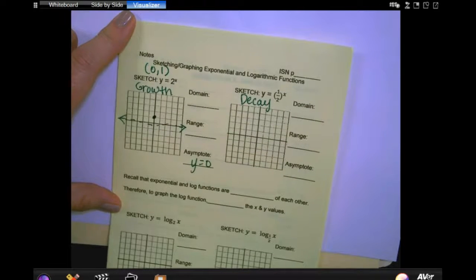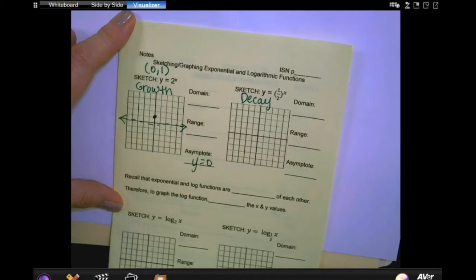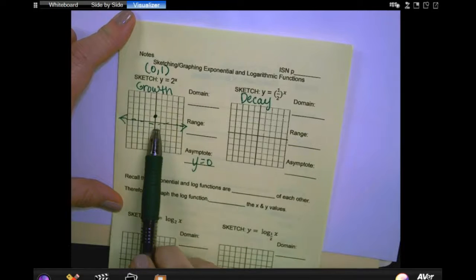So if somebody can tell me why we have an asymptote at y equals 0, I'll cut your homework in half. Second period couldn't come up with it. I said it. If you weren't listening, you don't get it. Why? Okay, say that again, Marvin.